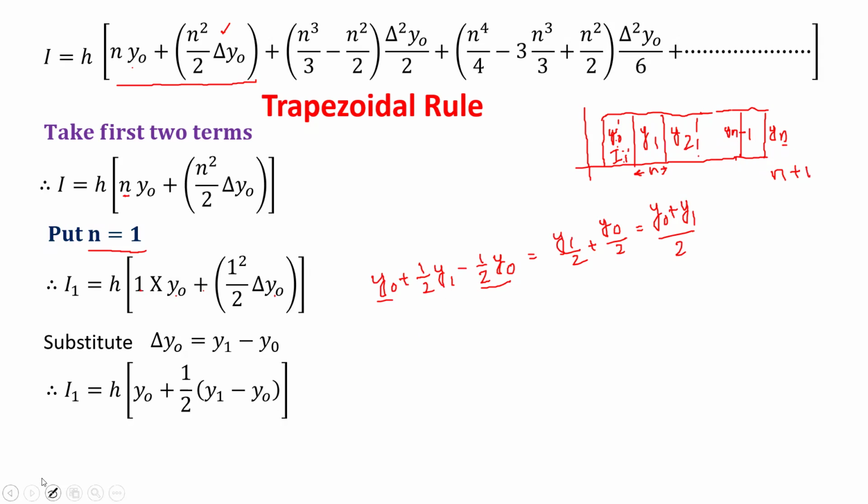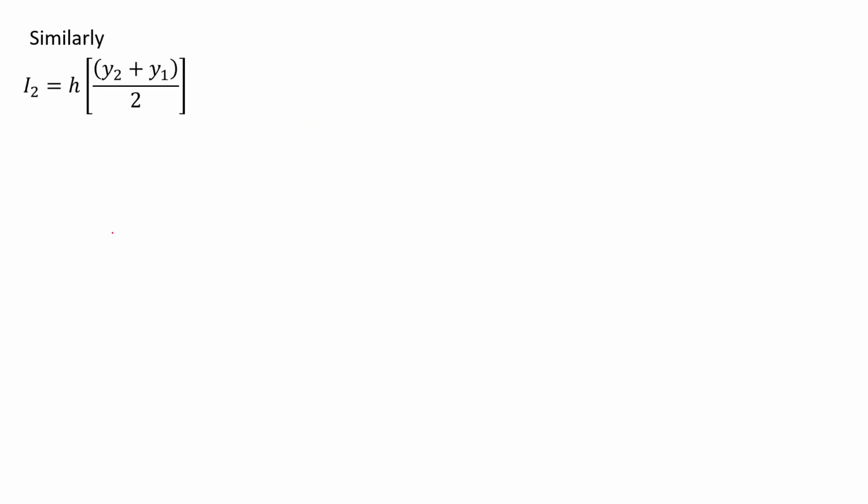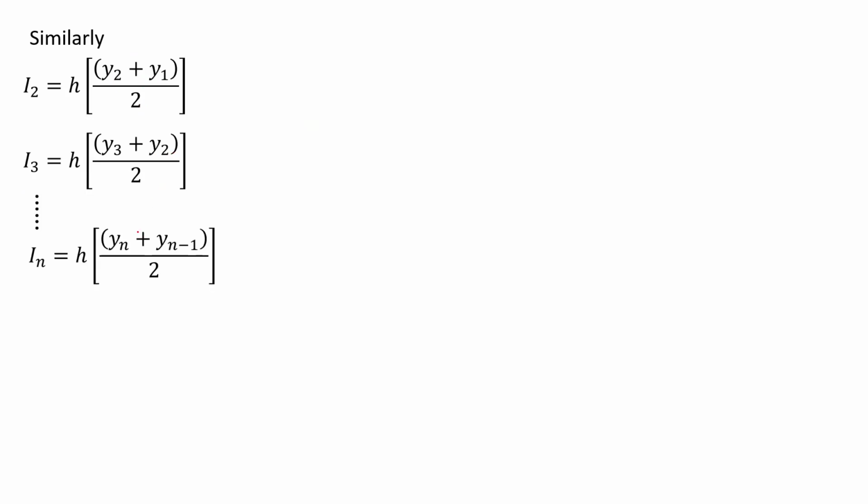Similarly we will find the value of I2. I1 is y1 plus y0 by 2, with h outside. For I2, it is the second vertical plus the first vertical by 2; similarly the third plus the second upon 2, and likewise the last plus the previous one, that is yn minus 1, upon 2.